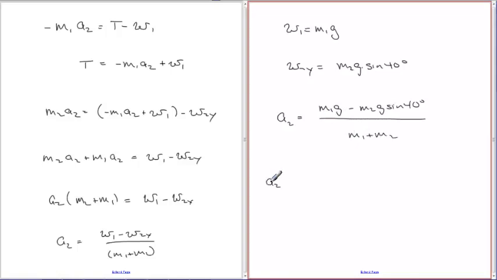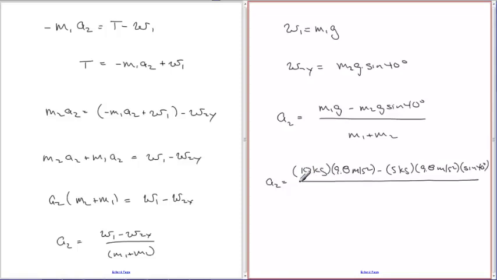So at this point, we can actually plug back in. M1 is 10 kilograms. G is positive 9.8 meters per second squared. 5 kilograms times 9.8 meters per second squared times the sine of 40 degrees, divided by the sum of the two, 10 kilograms plus 5 kilograms.